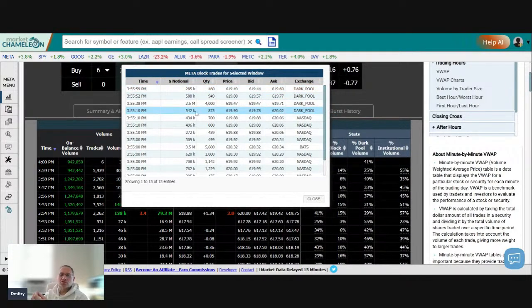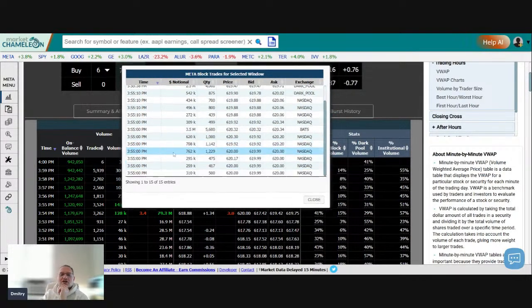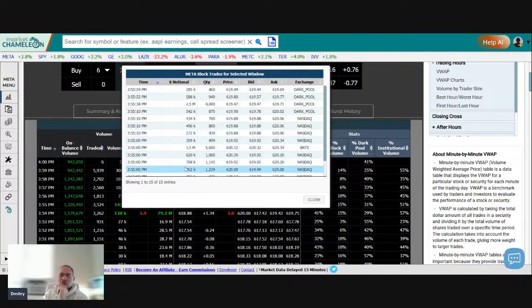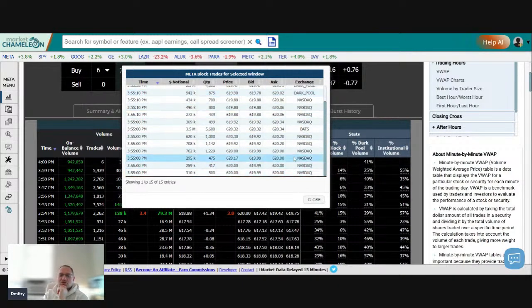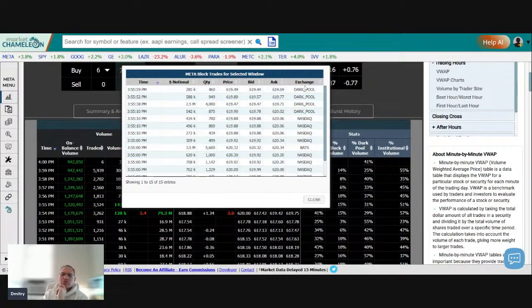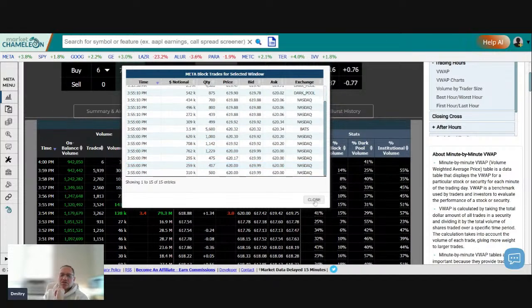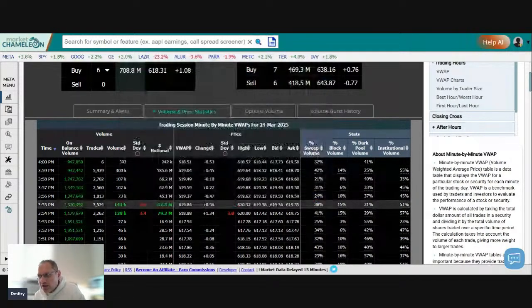So if you click on it, you get a much more granular view of what happened. These were block trades, and you could see a lot of them happen on NASDAQ, BATS, a couple of them in a dark pool up here. So that gives you a better picture of what's going on, and the volume and price action could indicate something going on there.